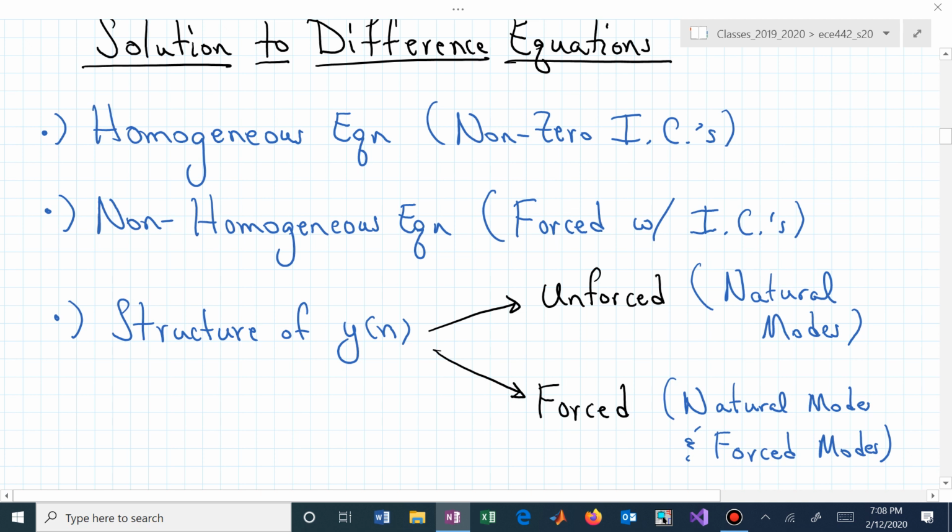I might give you a transfer function and a forcing function and say, what's the structure of the output? That you should be able to do without multiplying it out and doing the complete inverse Z-transform. That's what I want you to get comfortable with, and I think we'll go through a little bit of that in a minute, is the plan.